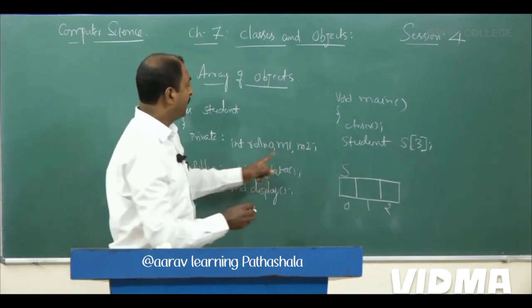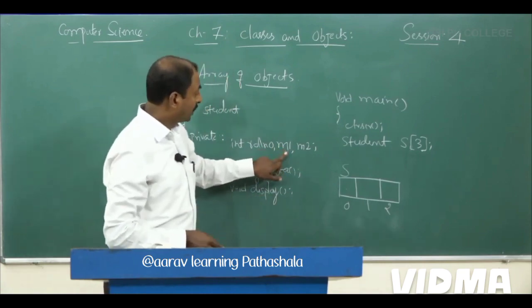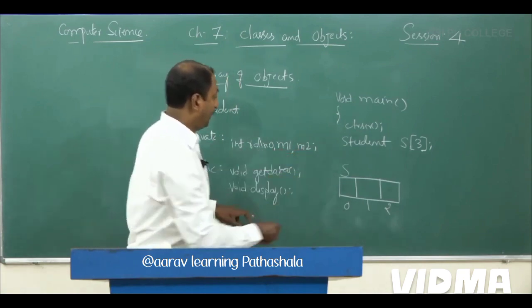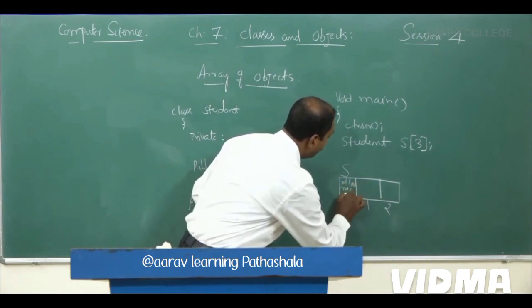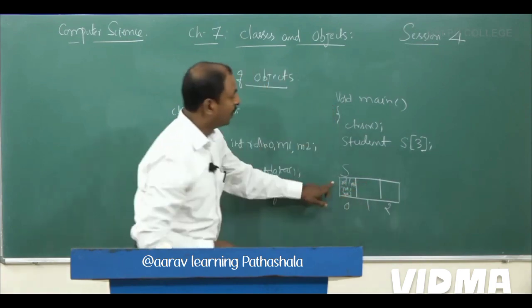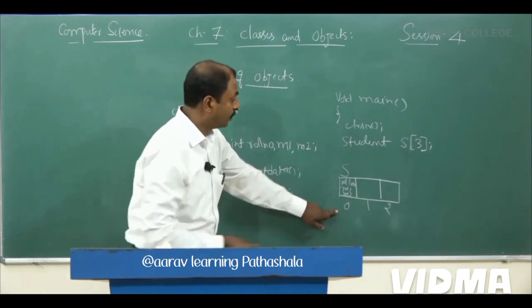For one student it takes the roll number, M1, M2. This is for one student at index 0.